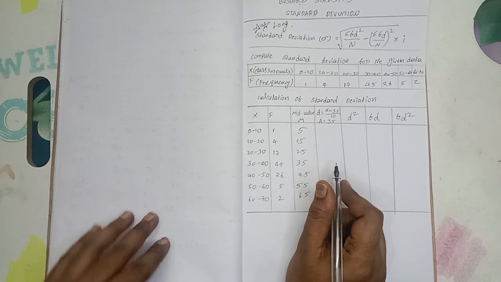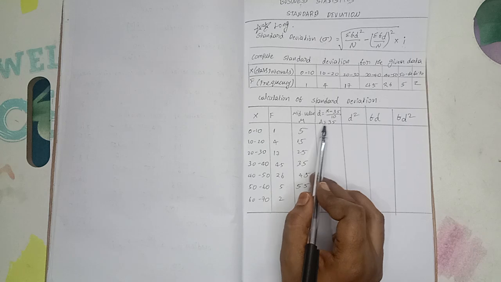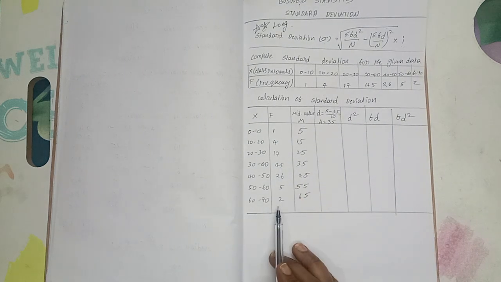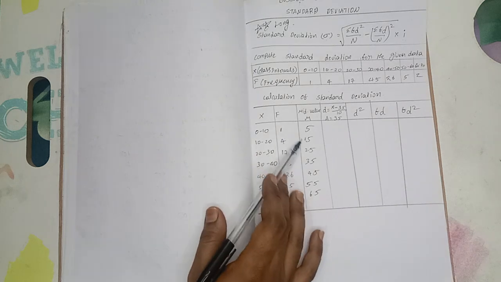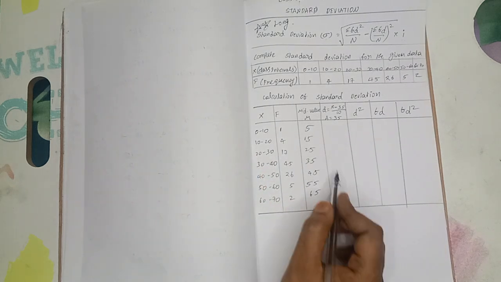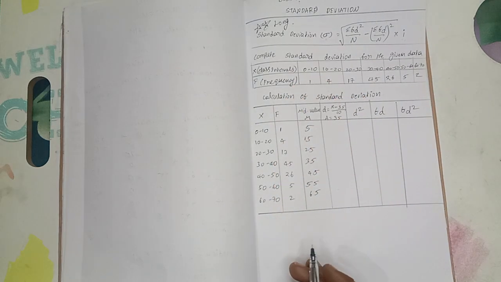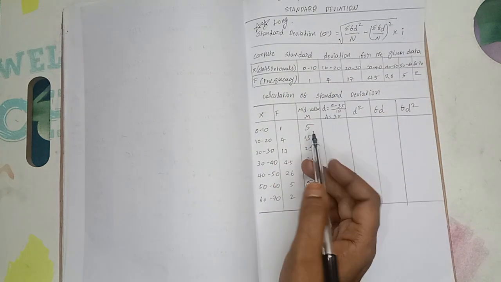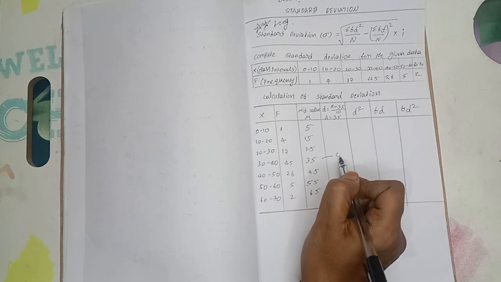Here you can directly assume anything as the assumed mean. You can assume it as 0, but then you'll get large minus values. So that's why we are taking the middle one as 0.